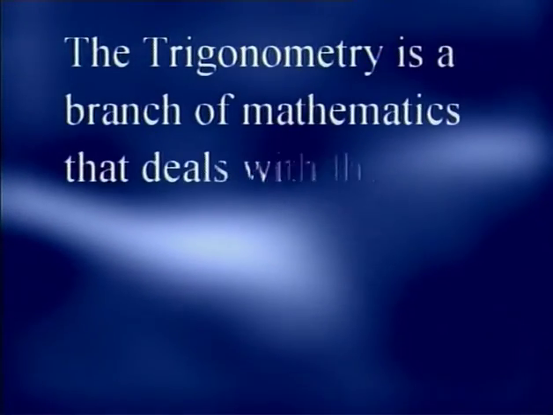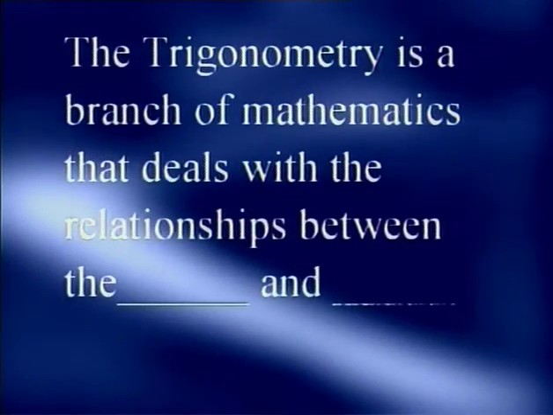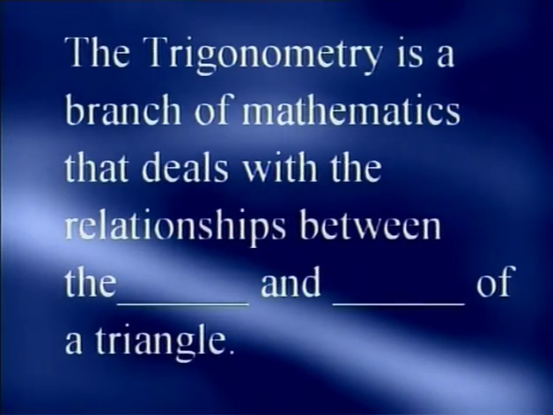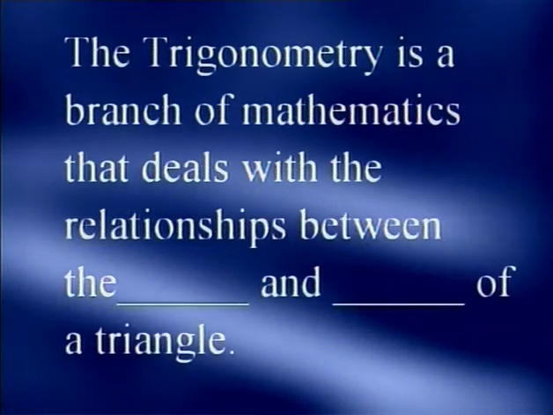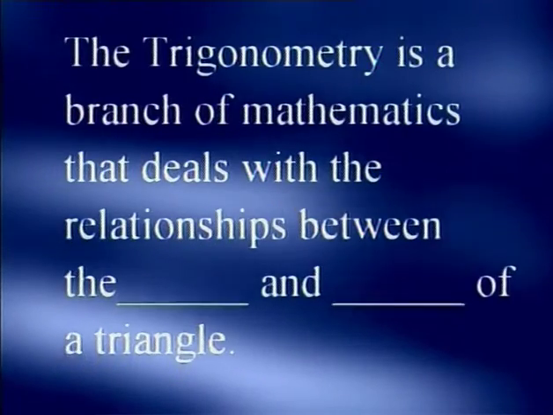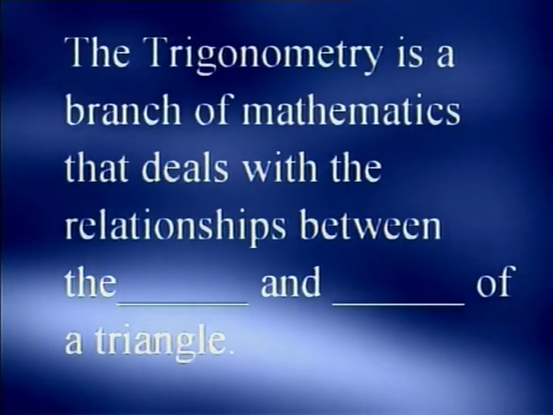Before we conclude our session, let's try to complete these sentences. Will you try? Trigonometry is a branch of mathematics that deals with the relationships between the dash and the dash of a triangle. Are you noting down in your notebooks?